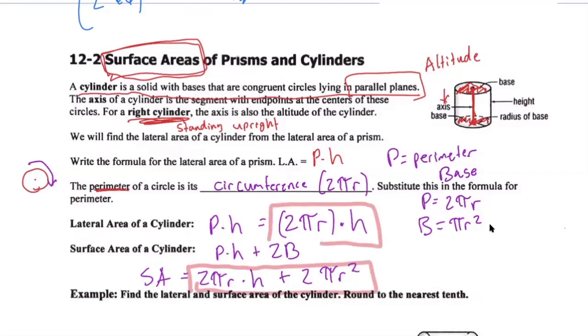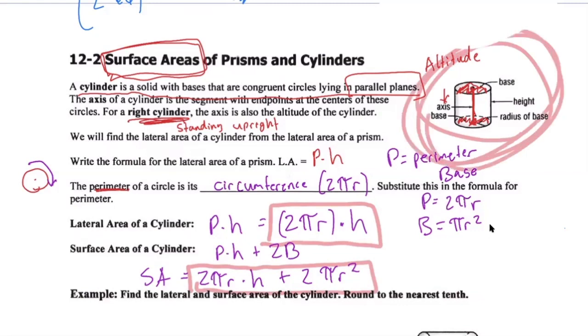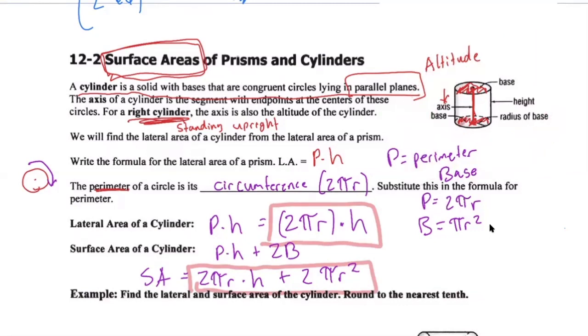You literally just use your intuition, right? If you're dealing with this shape, your base is now a circle. The perimeter of a circle is 2 pi r. And the area of the base is pi r squared. So you just substitute those into your formula.